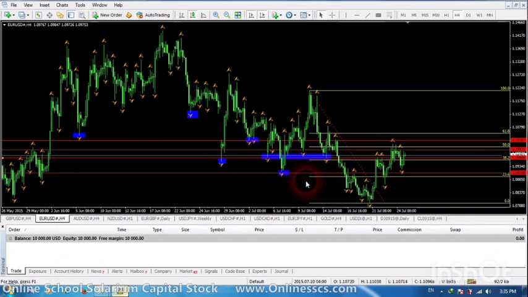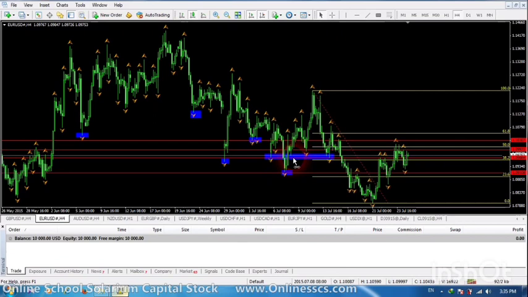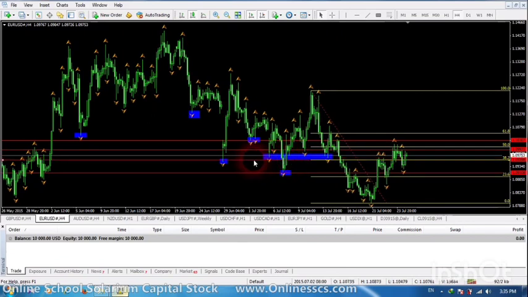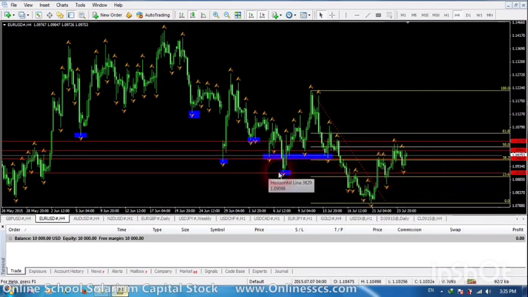Another point that I forgot to tell you, these are very important points, write them down. How do we locate the pivots? So the 23 level overlaps the pivots.